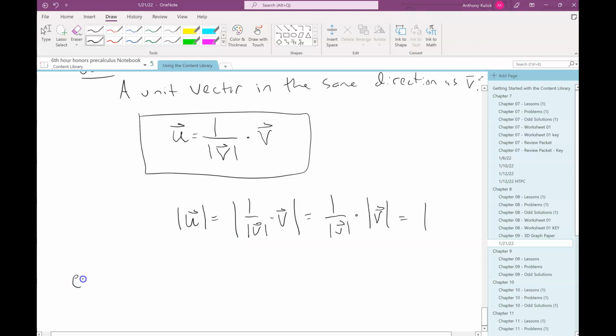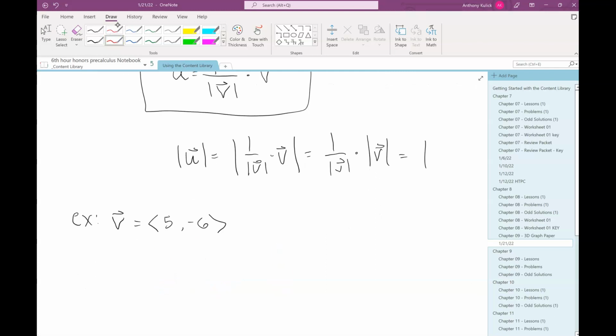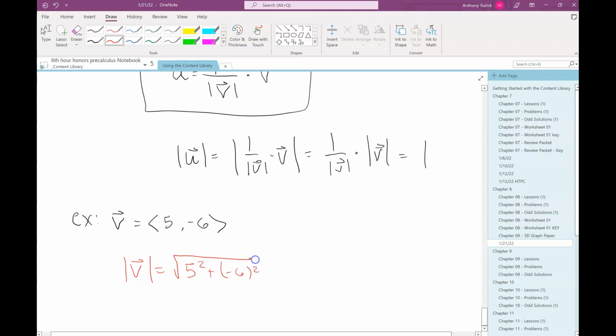Let's do a quick numeric example here. Let's say our vector v is 5, -6. And we want to find the unit vector in the same direction. So the first thing I'm going to do is calculate the magnitude for v. So 25 plus 36, that's 61.